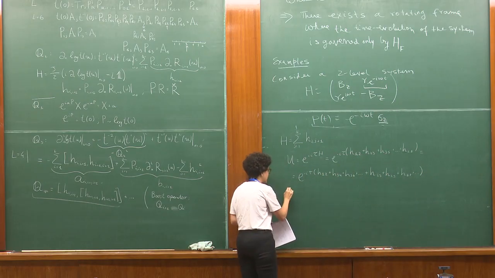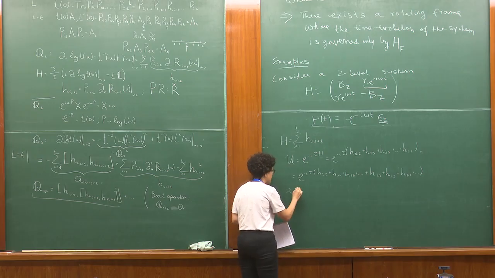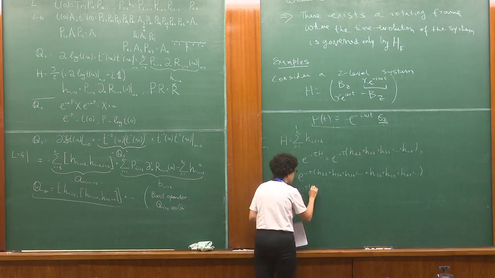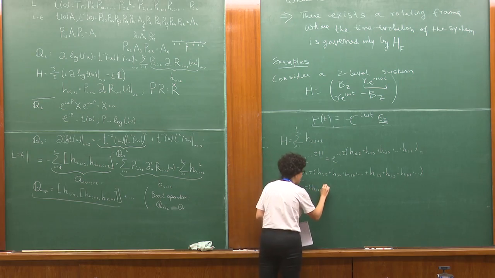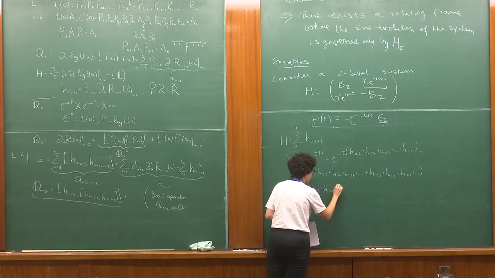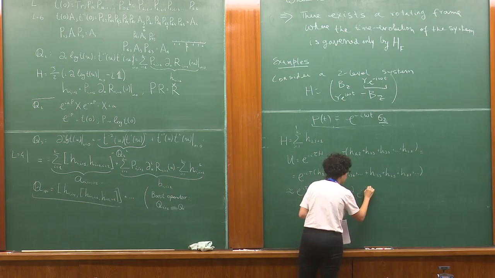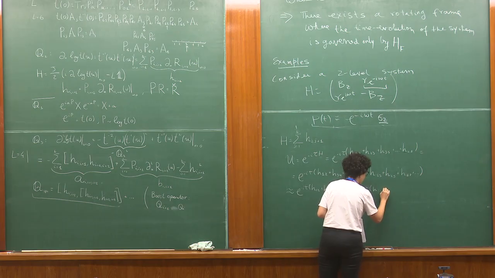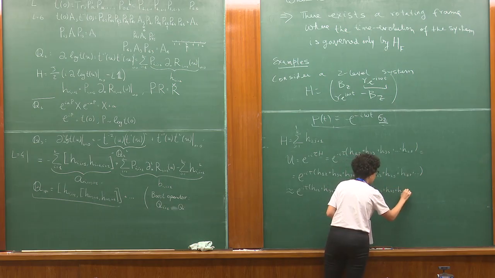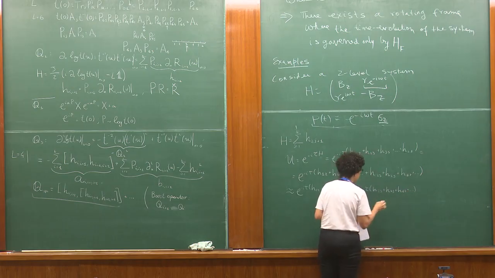So we say that this is approximately equal to e to the minus i tau (h12 + h34 + h56 + ...) times e to the minus i tau (h23 + h45 + h67 + other terms).